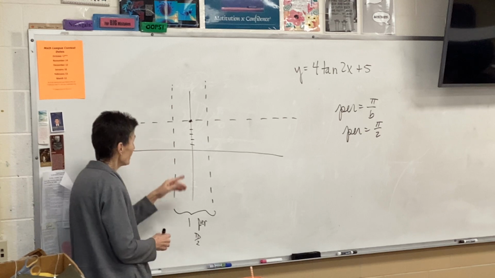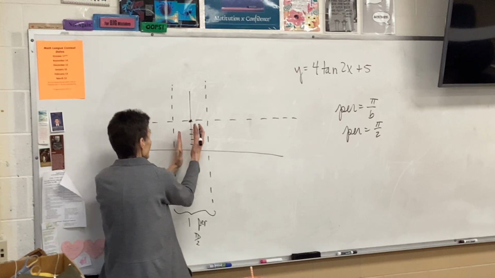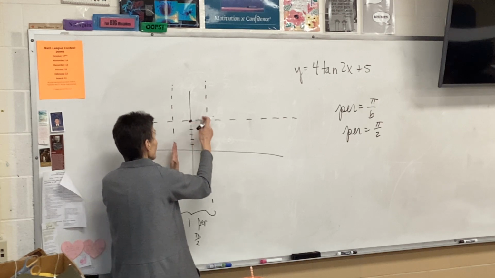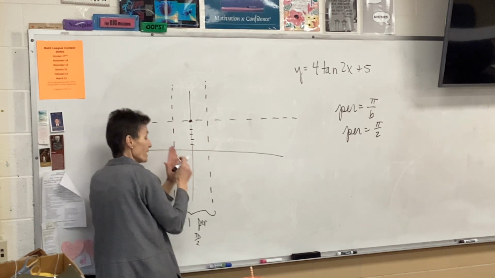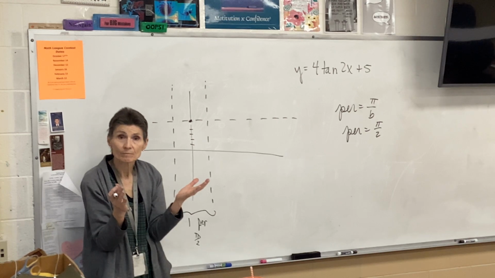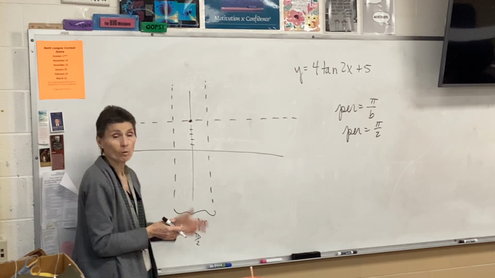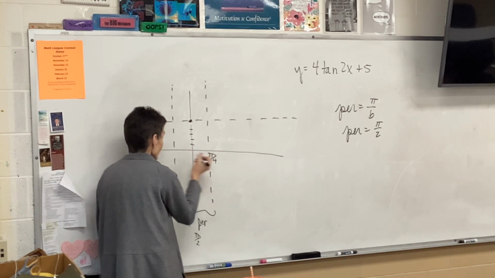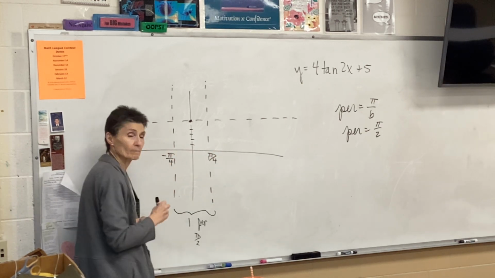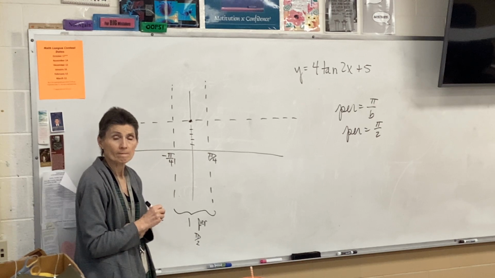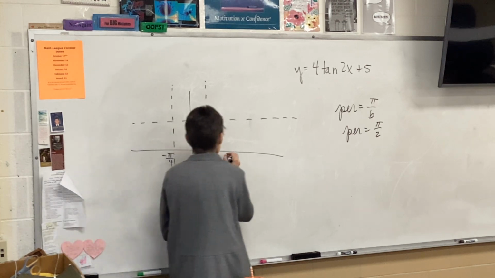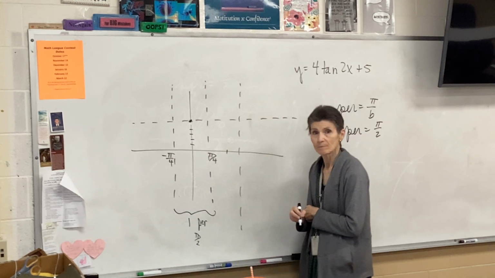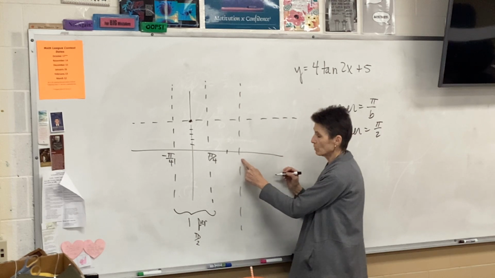So from my origin point, I need to go this way and this way the same amount. Well, if the whole thing's pi over 2, then I go pi over 4, negative pi over 4. And if I wanted another one, because remember, it goes on forever, what would this asymptote be?